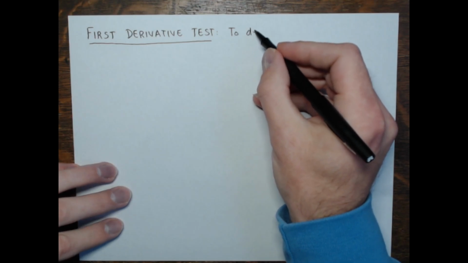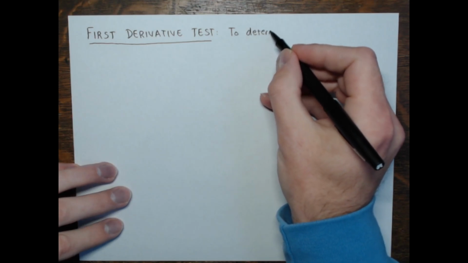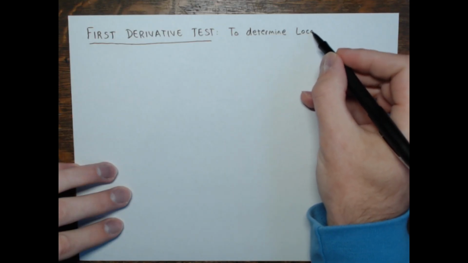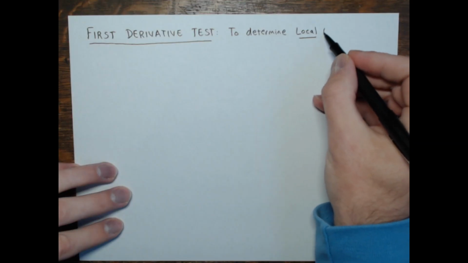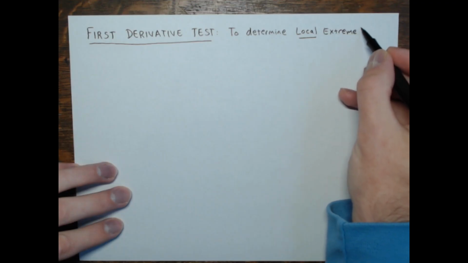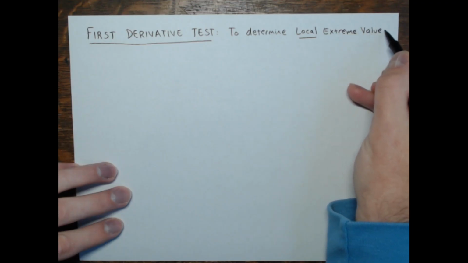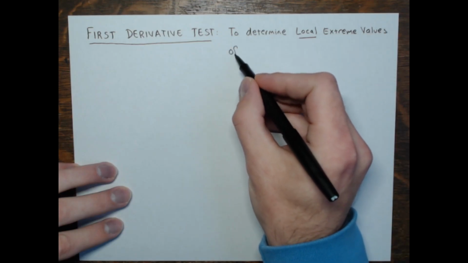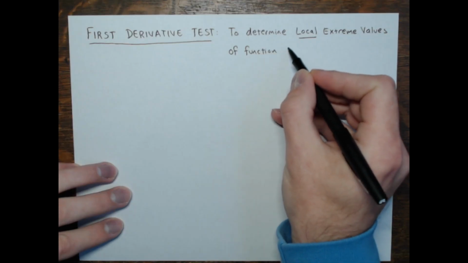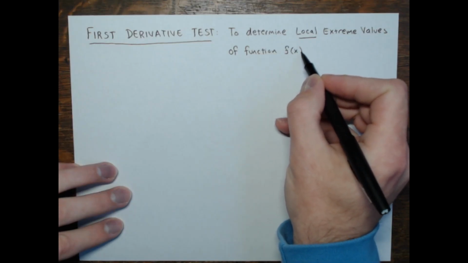To determine these hills and valleys, extreme values of the function. Let's say we'll call the function here f of x.